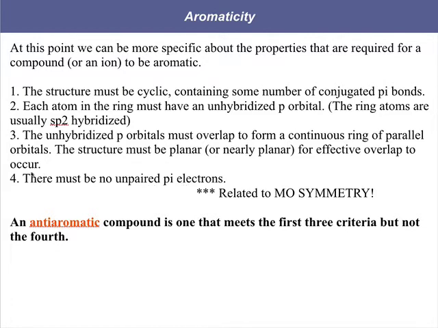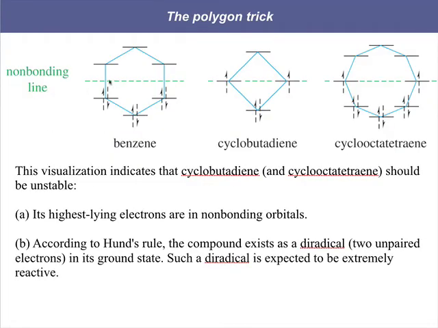And that condition, whether there will be unpaired electrons or not, is related to the molecular orbital symmetry. Is the diagram symmetrical through the center of the diagram or not? Do we have orbitals sitting at that non-bonding line?